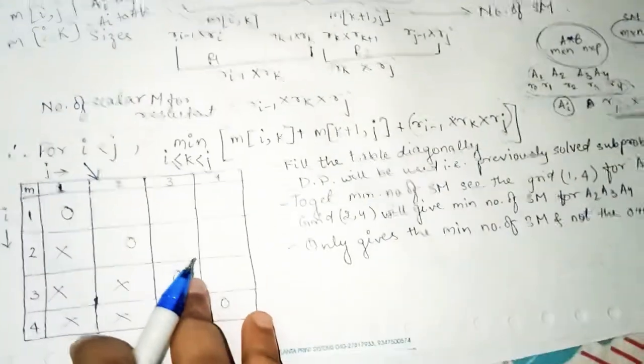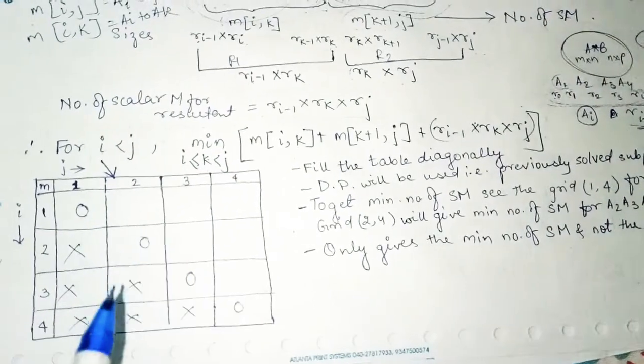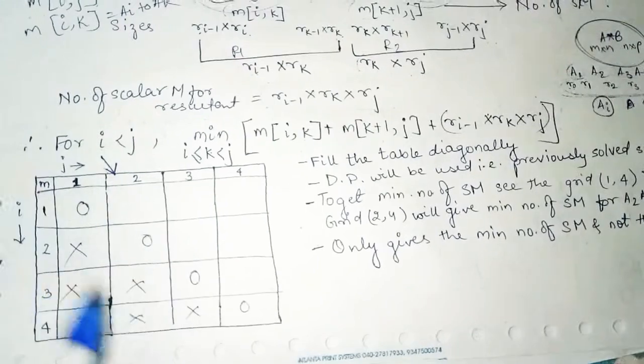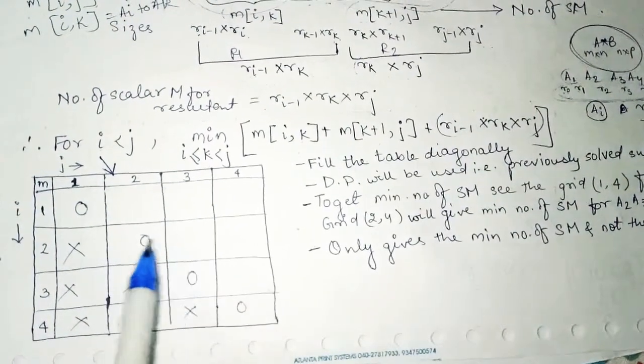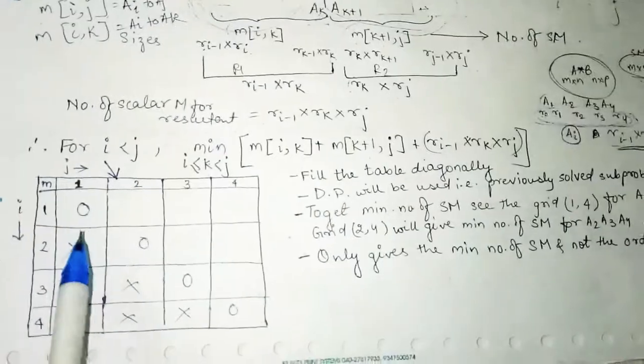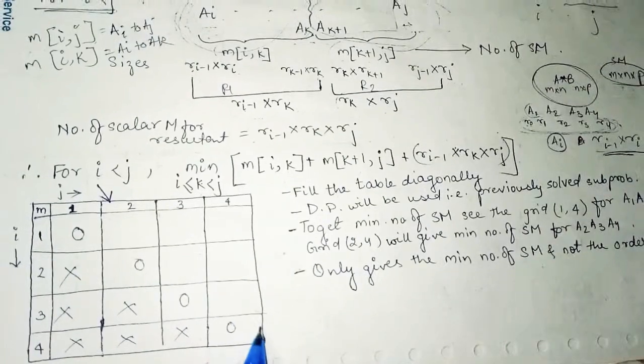Next, in dynamic programming, we use a table. This is the table M. The first condition was for i equal to j. For i equal to j, it is 0, the diagonal.